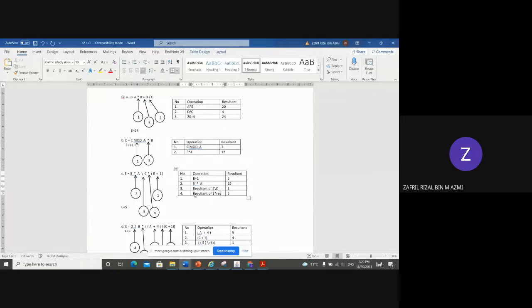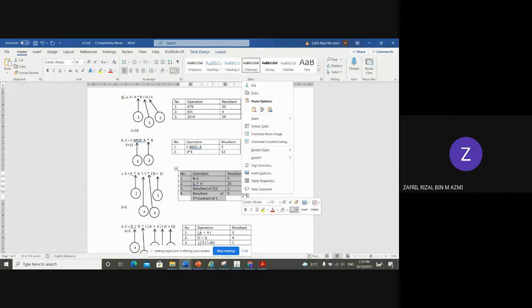Okay, resultant of 1. Then missing the final step which is store. Insert.